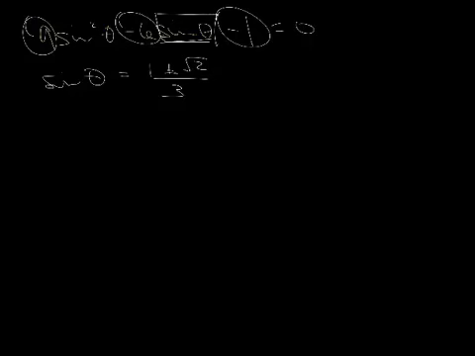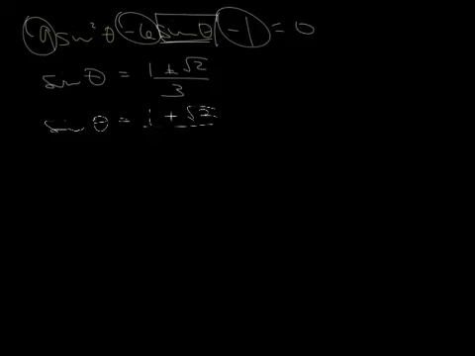So we get two angles. We get an angle in quadrant 1, and we get an angle in quadrant 2, for the sine of theta equals 1 plus the square root of 2 over 3. Now that's a plus or minus.